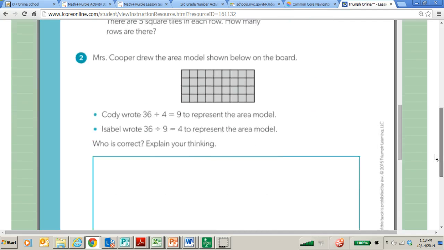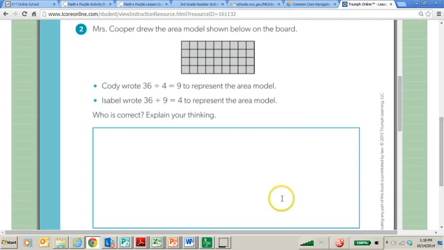Here is an excellent problem for students to really explain their thinking. We have a model, and it says Miss Cooper drew the area model shown below on the board. Cody wrote 36 divided by 4 is 9, and Isabella wrote 36 divided by 9 is 4. Who's correct? Explain your thinking. Well, maybe both people are correct. Could this model be used to represent both? I think so. We have 36 in all.